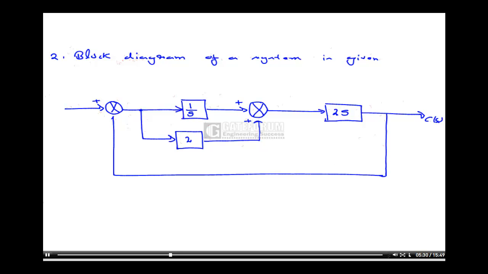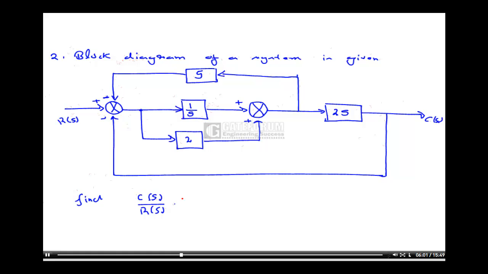One more feedback takeoff point from here, with a minus sign. For this I have to find C(s) by R(s), and also find the poles of the system.